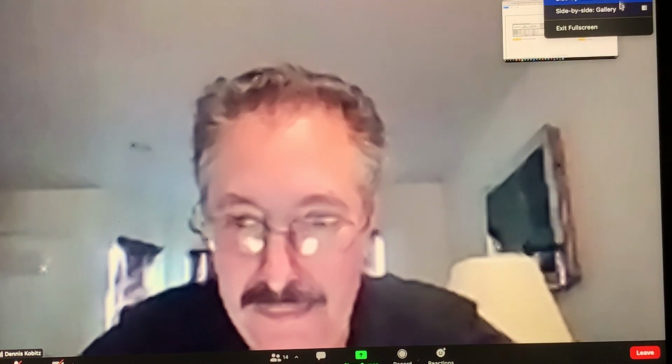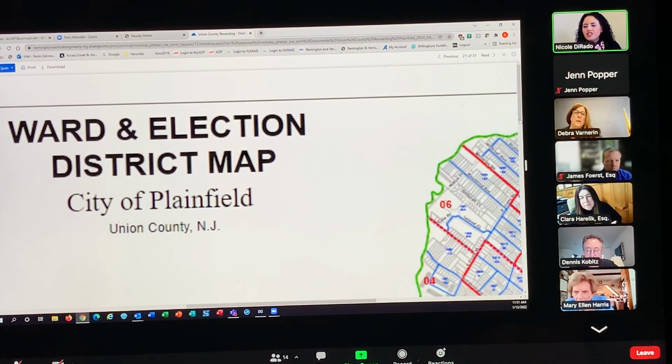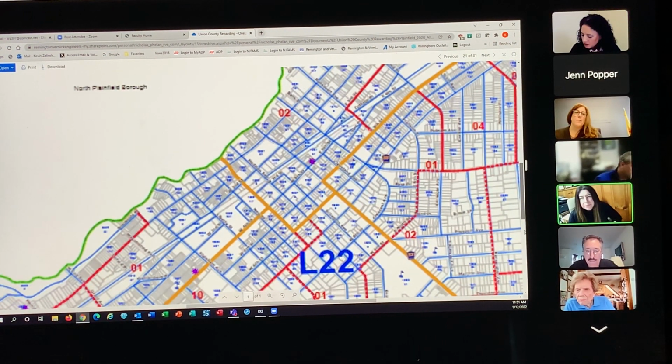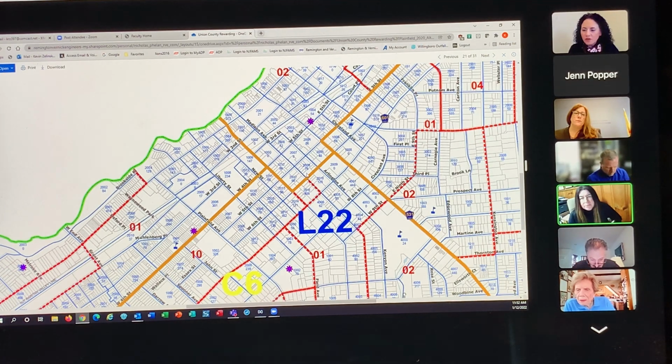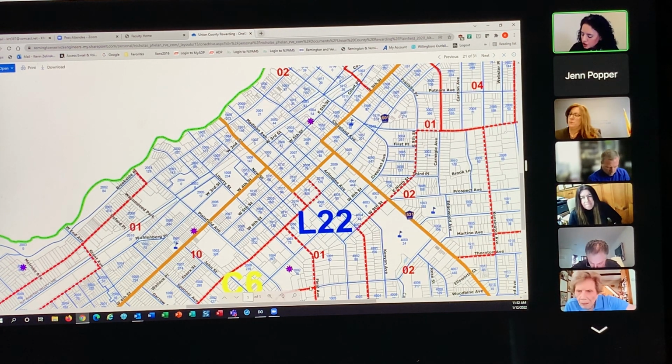She's shaking her head yes. Okay. Commissioner Jallo? Yes. Commissioner Kovitz? Yes. Commissioner Texera? Yes. Commissioner Varnerin? Yes. Chair Haralick? Yes. All members voted in the affirmative to accept map number 2.